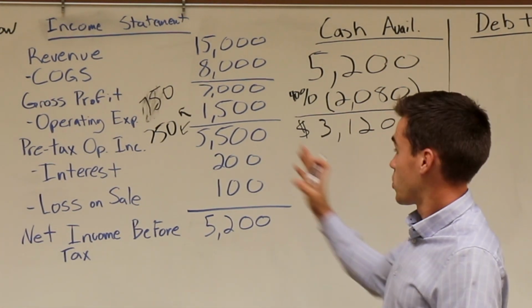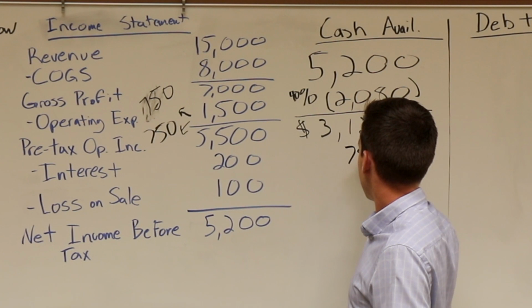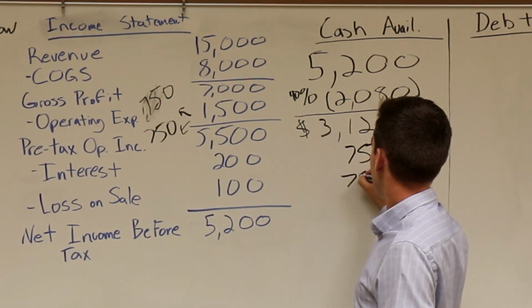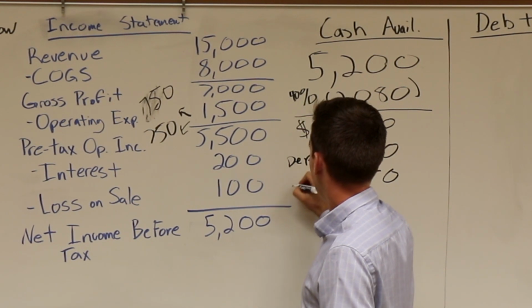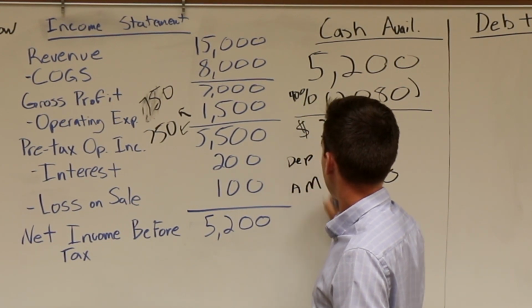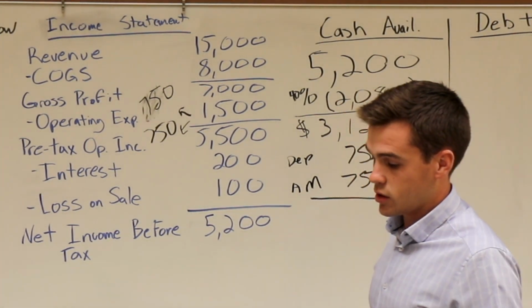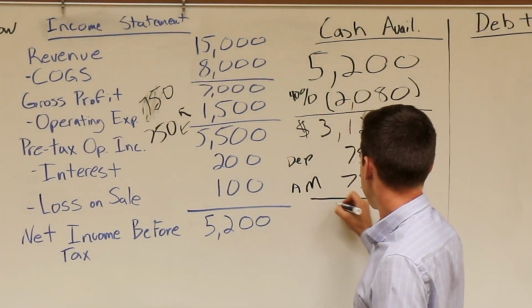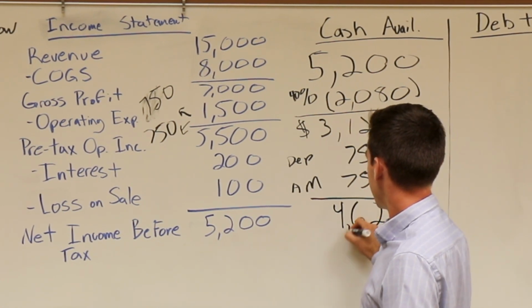So we're going to apply those to our cash flow and add those back. So let's add 750 here, 750 here for depreciation and amortization to get us to a total there of $4,620,000.